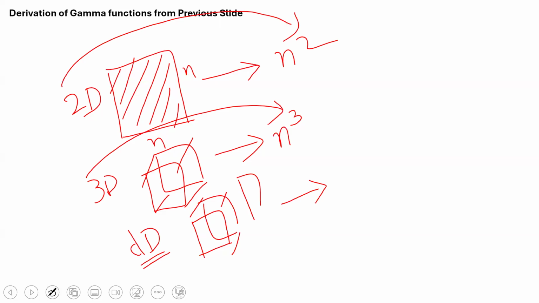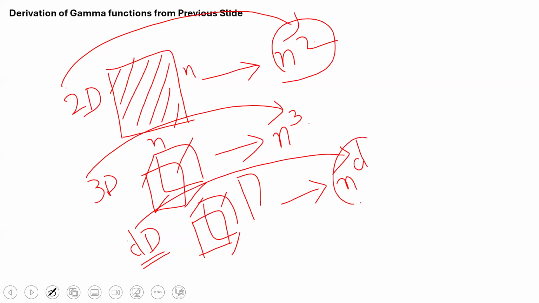So in d-dimensional space, it would be n to the power of d. In two-dimensional space, n squared; three-dimensional, n cubed; d-dimensional, n to the power of d.